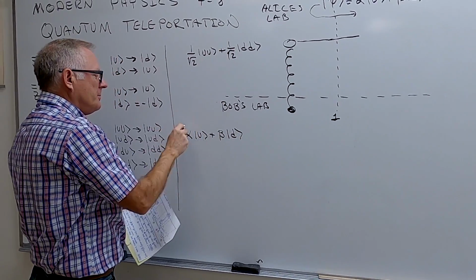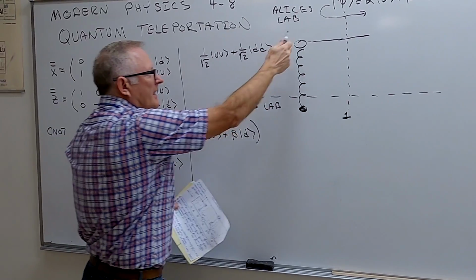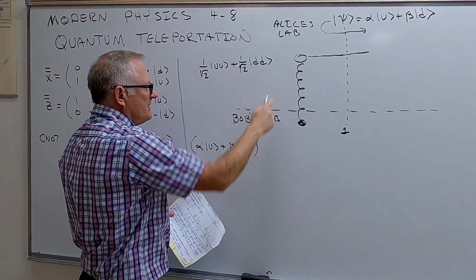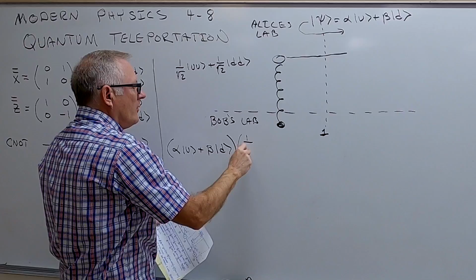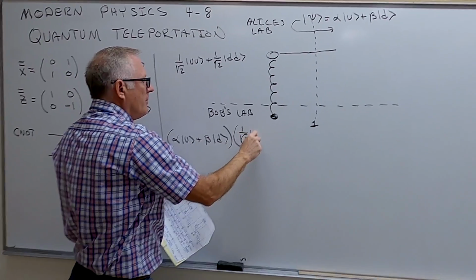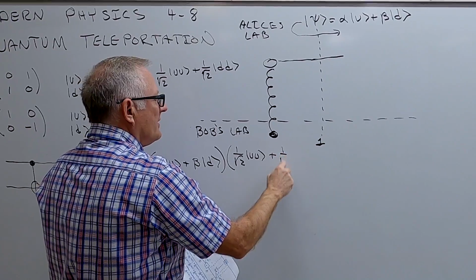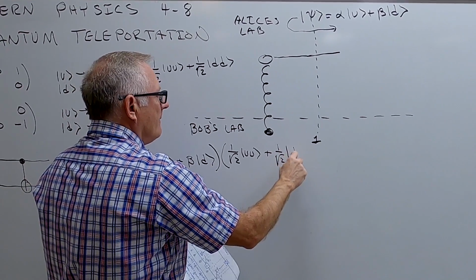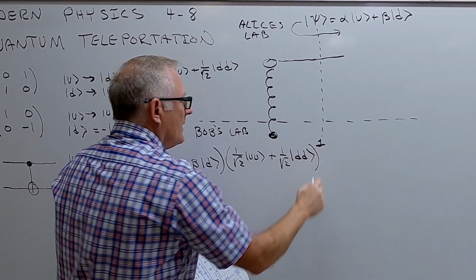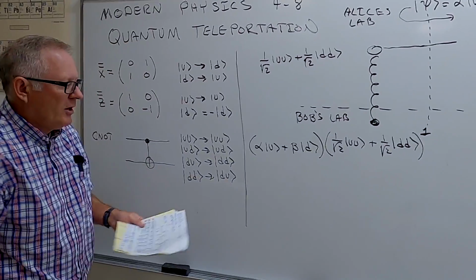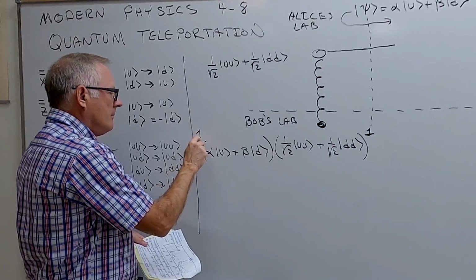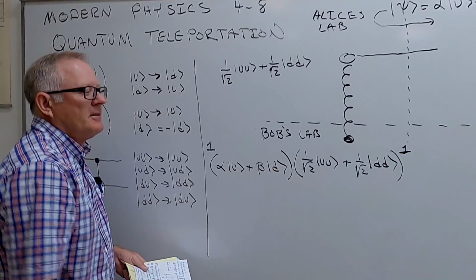So that's the first bit, and then these two are tied together, which is 1 over the square root of 2 up plus 1 over the square root of 2 down. So that right here at point 1 is what the system is at.